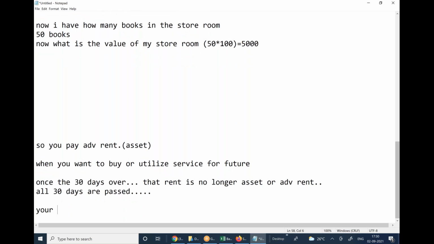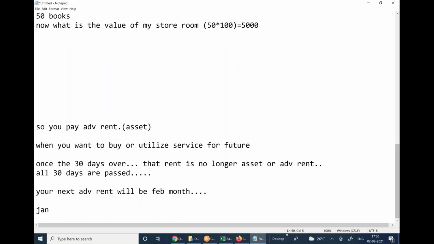So your next advance rent will be for the February month. But I don't care about the February month. I'm closing everything as on January 31st. The case study 3 is also only based on January 31st. So when I have utilized all the 30 days, no more is it considered advance rent. It will be considered as rent paid.